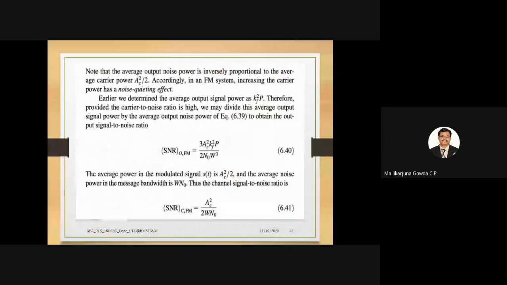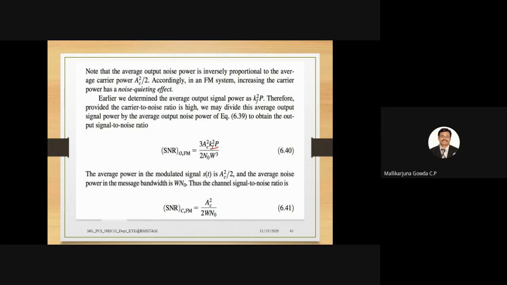This is the output SNR expression. The output SNR is the ratio of the average power of the demodulated signal to the average power of the noise which appears at the output of the receiver. K squared f into P is the average power of the demodulated message signal.